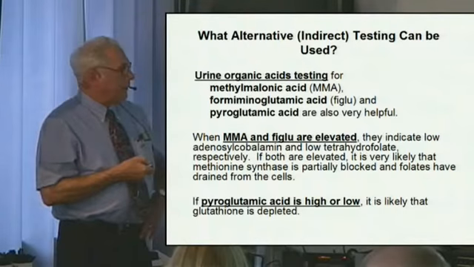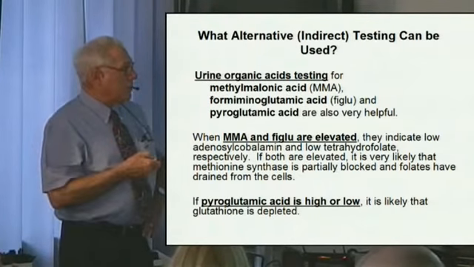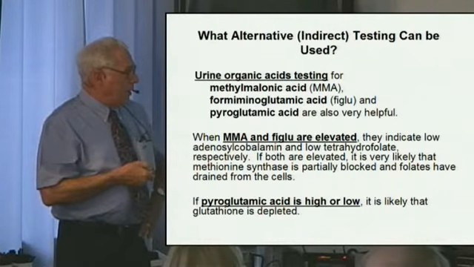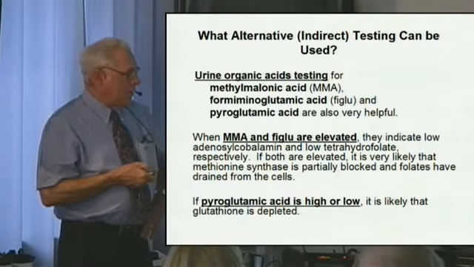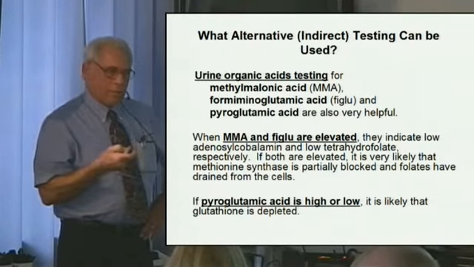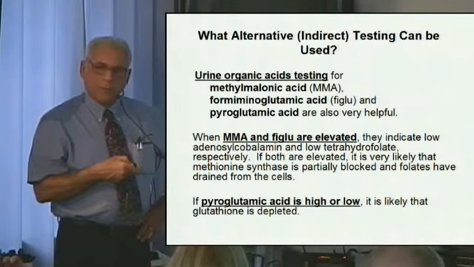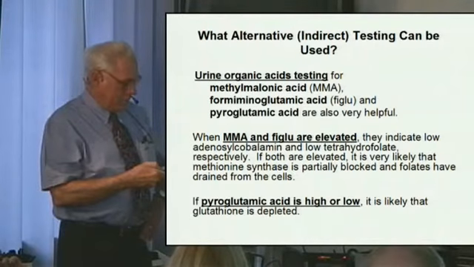So when they're both there, it's a pretty good chance that you have the problem, but it is indirect. And then pyroglutamic, if it's either too high or too low, then likely you have a glutathione problem. Typically in a chronic fatigue syndrome person, you see all of those together. So that's a pretty good indication.